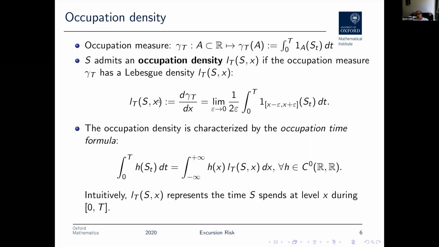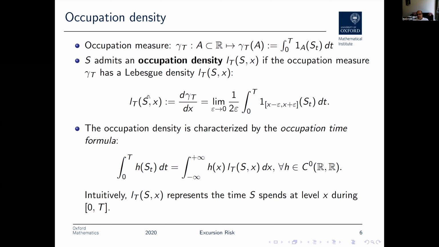So what does that mean? Well, if S is a smooth path, this is 0. There's no occupation density because typically a smooth path will cross x a finite number of times, and as you shrink epsilon to 0, this thing will go to 0.